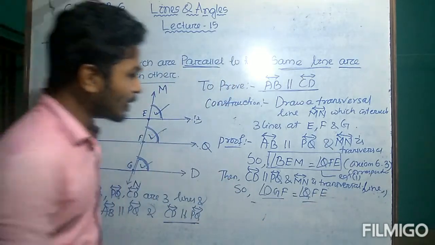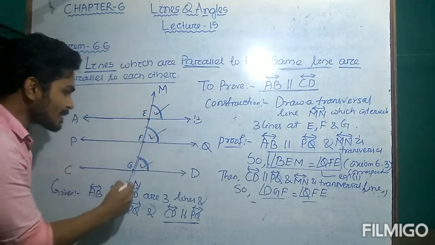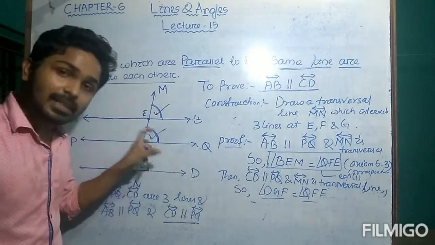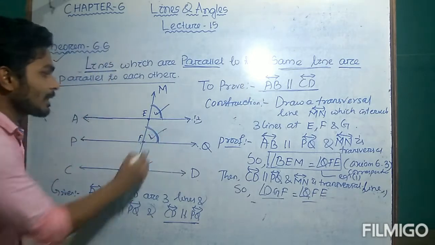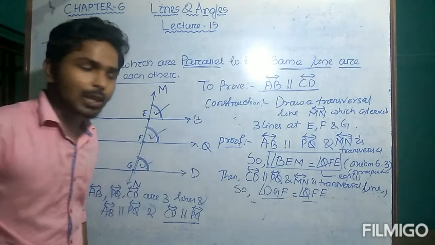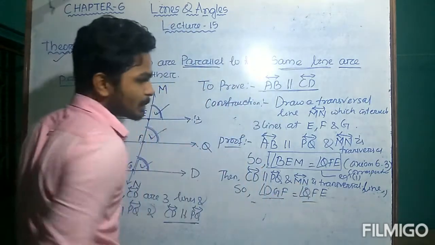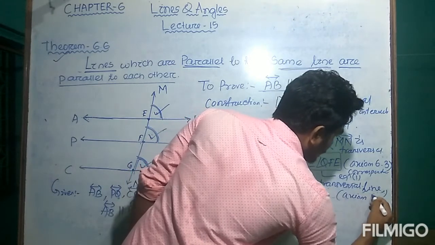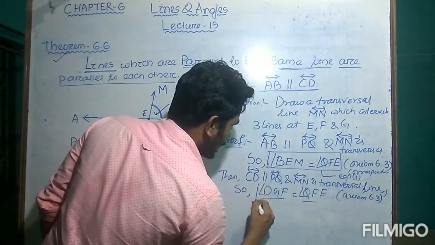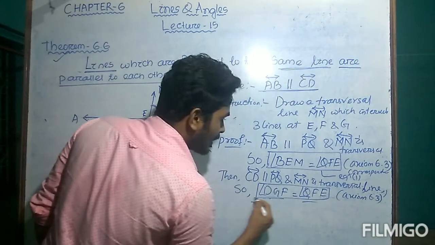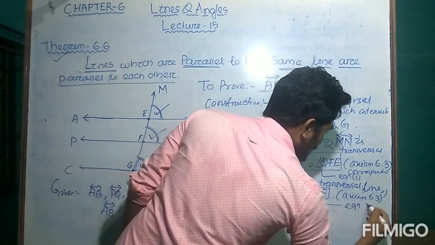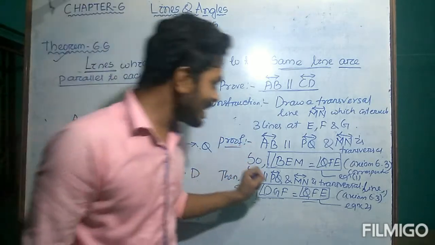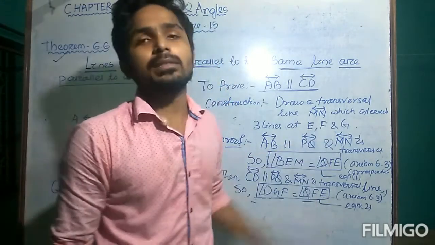So according to the axiom, if a transversal line intersects any two lines at two distinct points, and these two lines are parallel, then the pair of corresponding angles are equal. So here these two corresponding angles are equal due to axiom 6.3. Now this is equation 2. Understood?